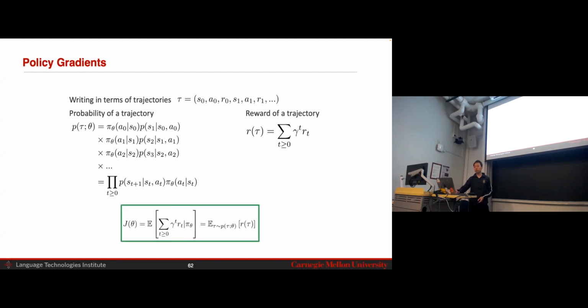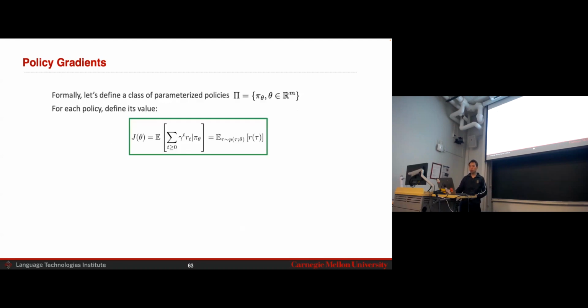And essentially, you can write how good a policy is as an expectation under your trajectories of the reward of the trajectories following that policy, right? Nothing complicated. Your policy tells you the states and actions. How good a policy is depends on the probabilities of those trajectories and the reward of those trajectories. So that's the value of a policy.